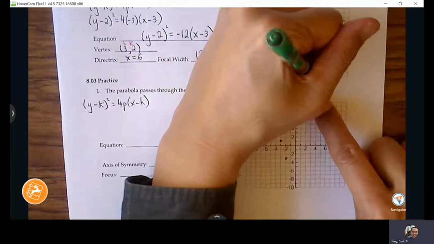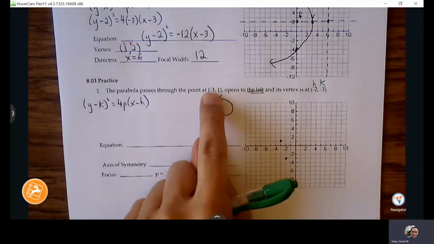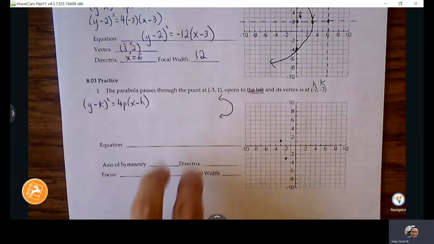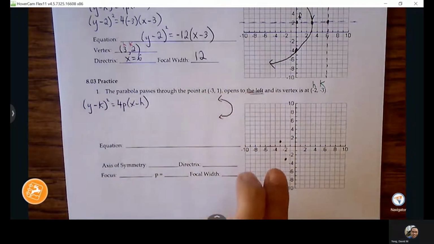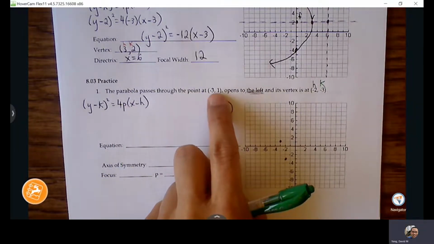H and K. Now (-3, 1) is not a special point in terms of characteristics, but it is still a point on the parabola. So how can we use this with the equation?